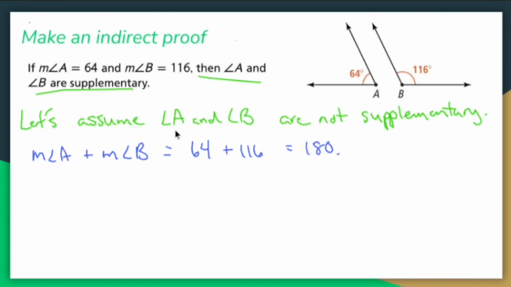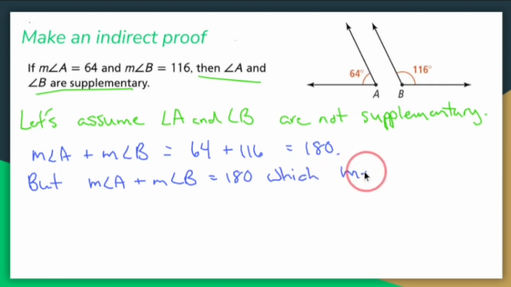So we're assuming that angles A and B are not supplementary, but the measure of angle A plus the measure of angle B add up to 180, which means they are supplementary.